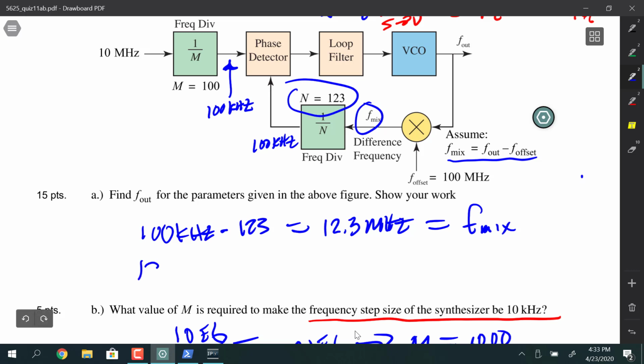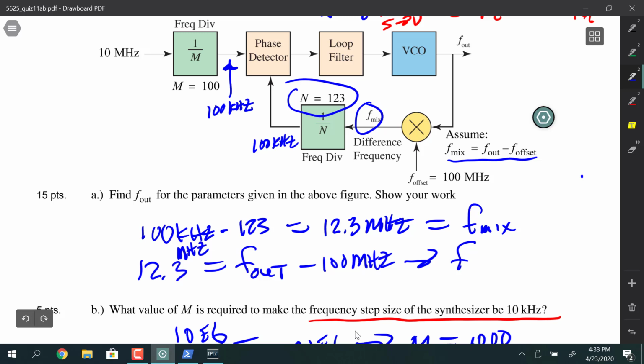So 12.3 is going to be equal to F out minus F offset, which is 100 megahertz. So that implies that F out is equal to 112.3 megahertz.